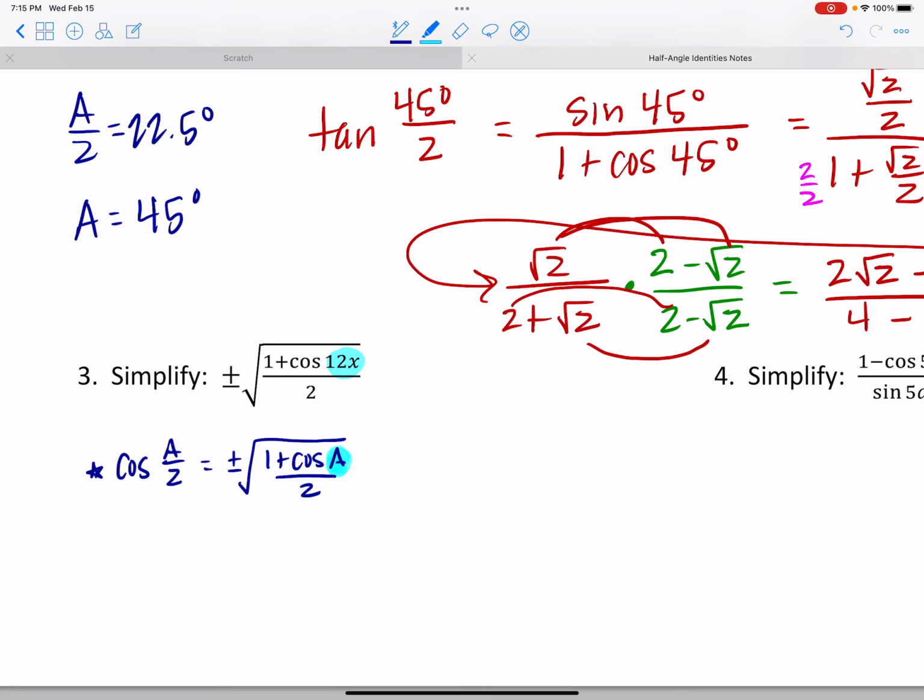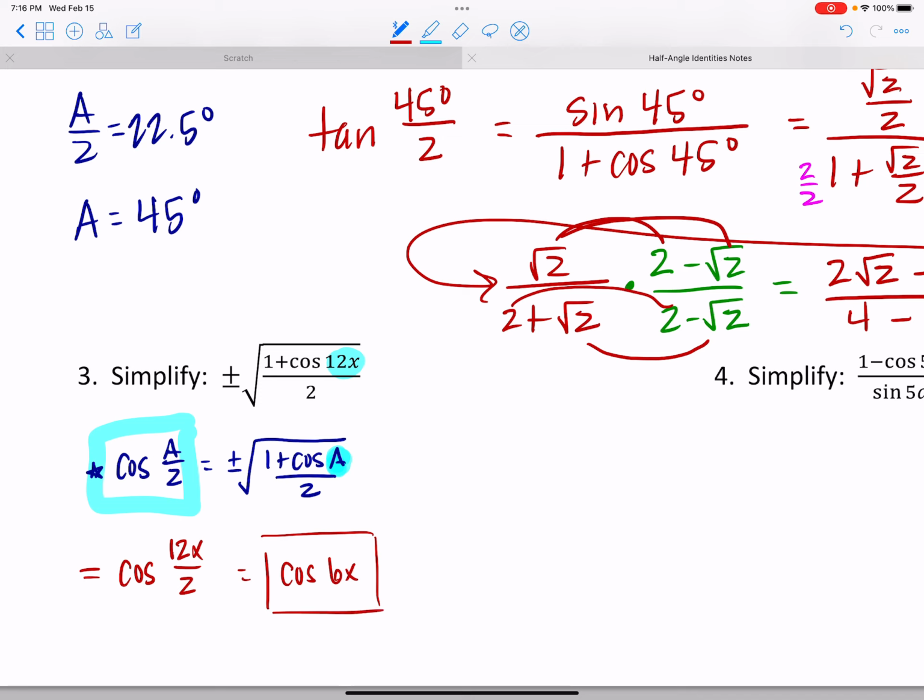So all we have to do to work backwards is replace a with 12x in our identity. So the cosine of, instead of a over 2, we're looking at 12x over 2, which means this is going to be equal to the cosine of 6x, and that is all we have to do there. So recognize which identity we have, and then replace a with whatever replaced it.